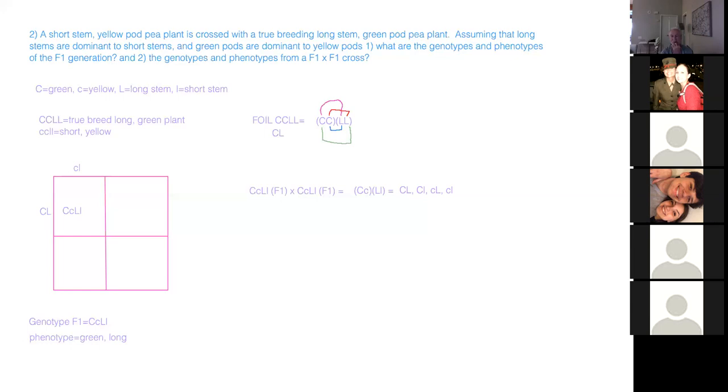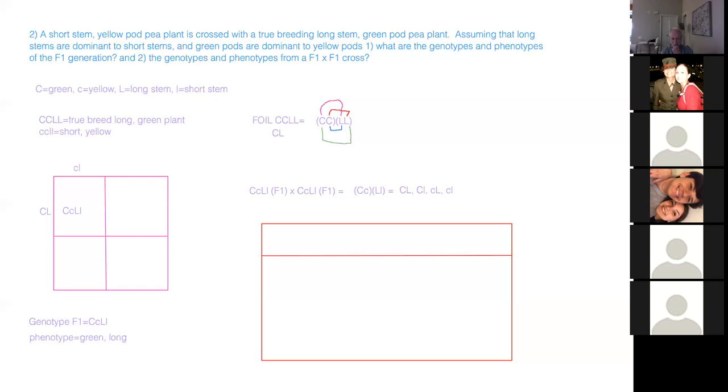Okay. And so now we need to lay out a Punnett square that gives us all the possibilities for our cross here. And that would be a 16 box Punnett square because we have 4 possible combinations for each plant.